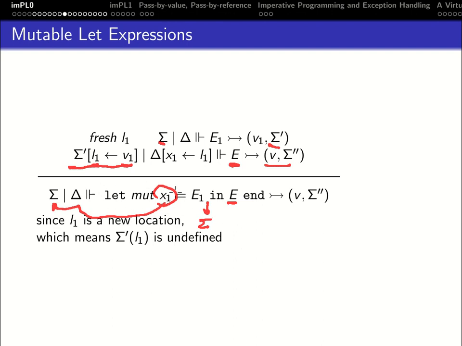So what we're going to have here is not this guy, but rather this guy. And then as we execute E, we're going to end up with sigma double prime. So everything matches together. So this is telling us that execute E1 or evaluate E1, get the new store, expand the new store with a location for the value of x, then execute E with that and get a store that is sigma double prime, and that's part of the denotation of the entire expression.